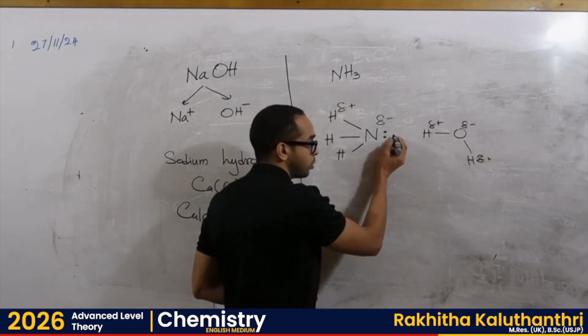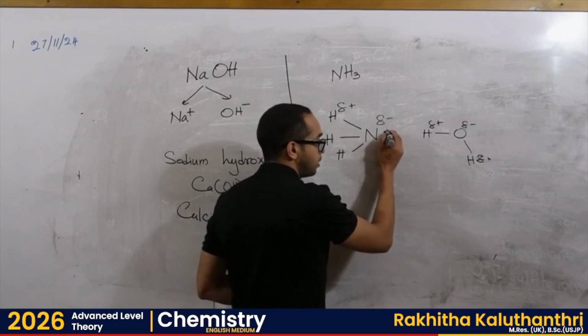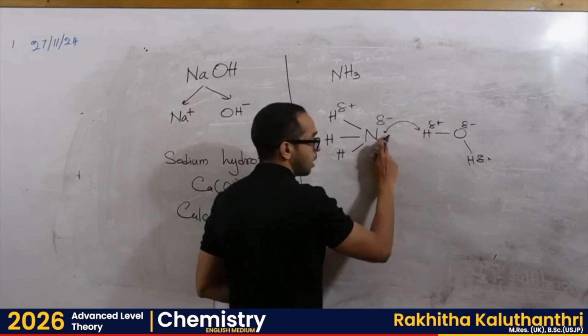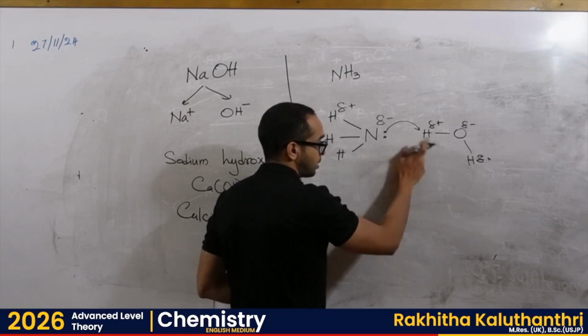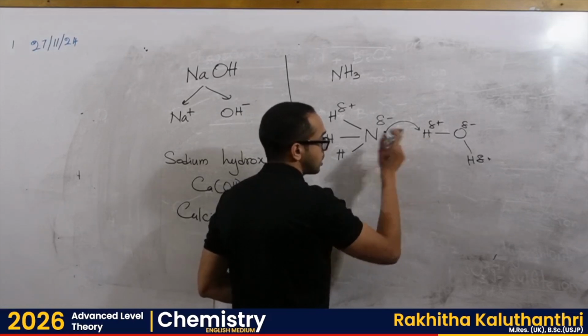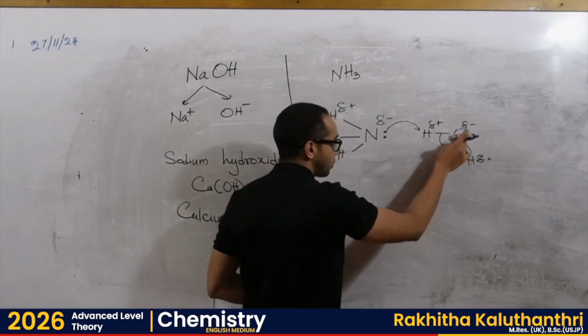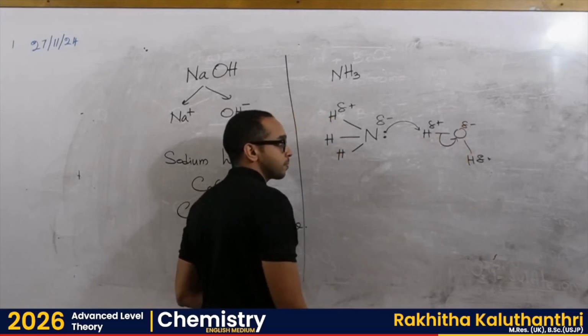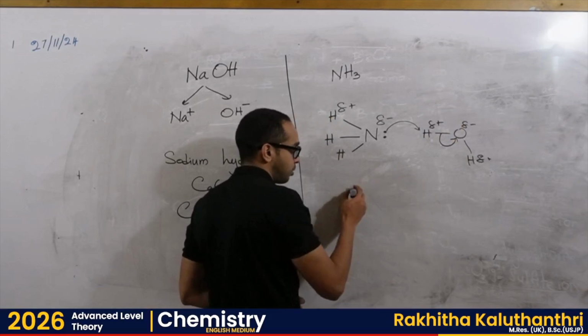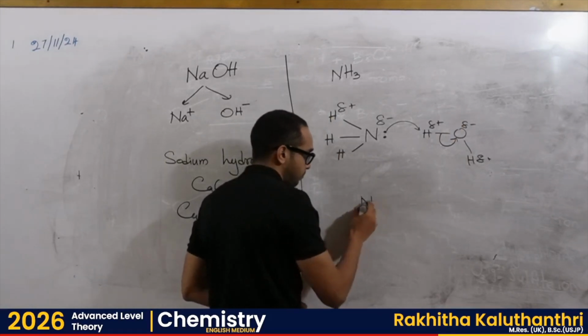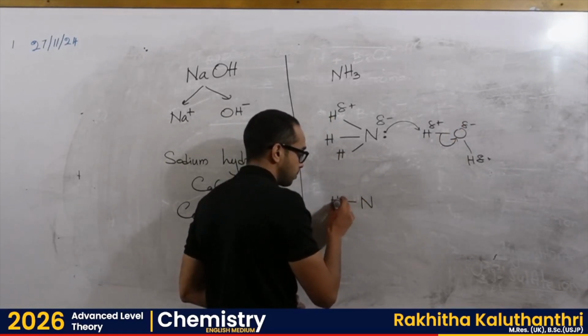So I told you, nitrogen can donate this lone pair of electrons to form a bond with hydrogen. Since hydrogen can't keep two bonds, it breaks this bond and its electrons are given to oxygen.